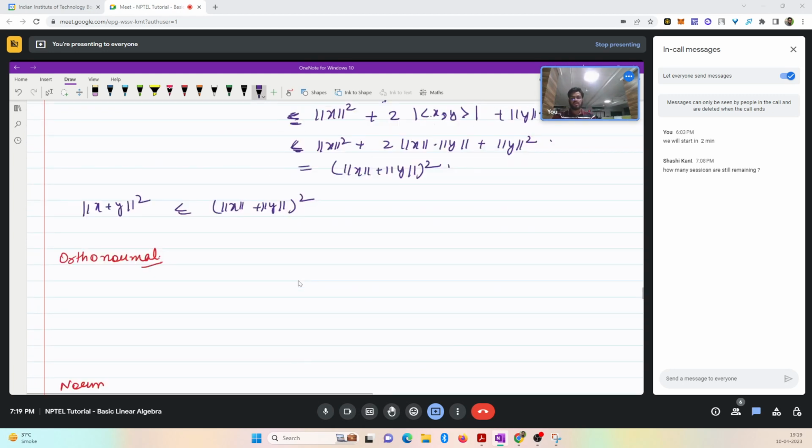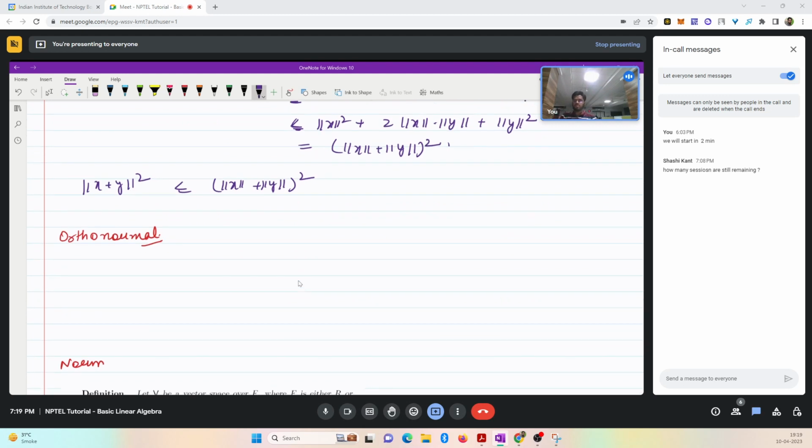Now we need to talk about orthonormal vectors. We talked about orthogonal vectors. What were orthogonal vectors? V1 and V2 were orthogonal if the inner product of V1 and V2 was 0.